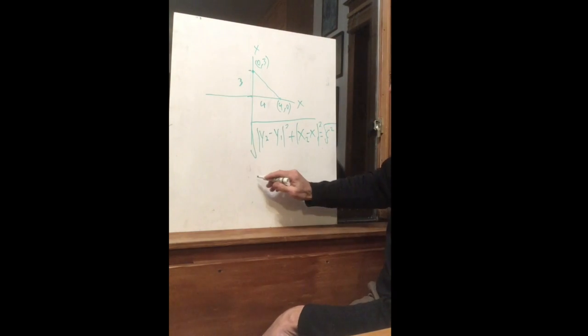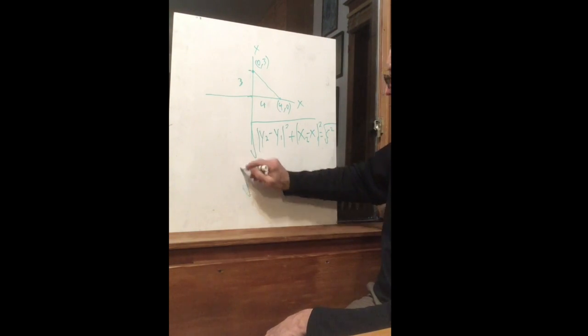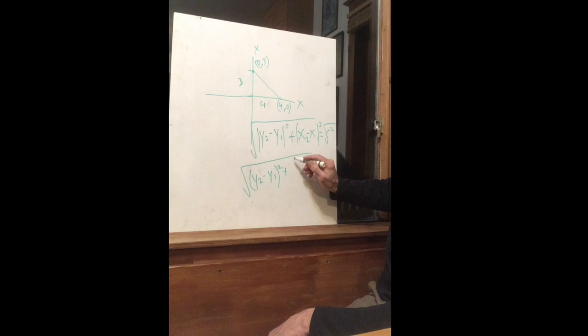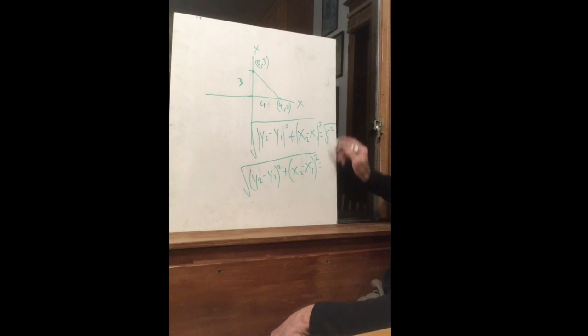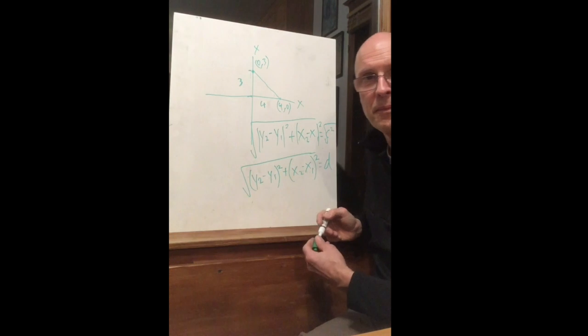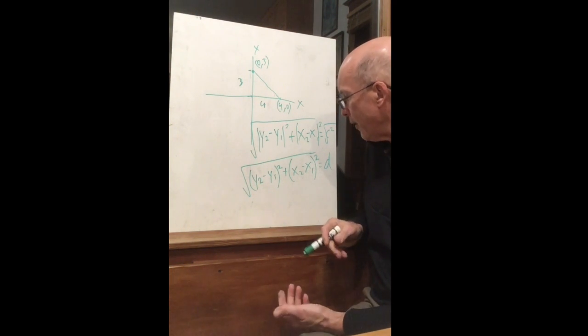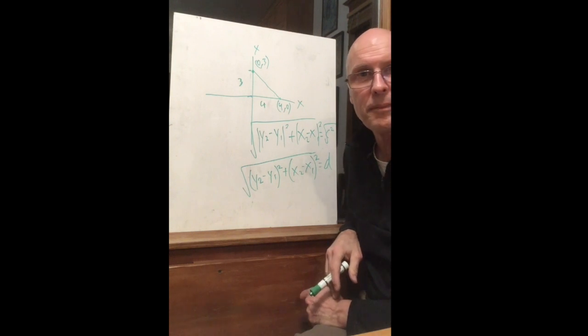So I'm just going to rewrite this as the square root of (y2 minus y1) squared plus (x2 minus x1) squared. And that's going to equal our distance that we're looking for here, this diagonal. Try that out, and I'm sure you'll see that it works.